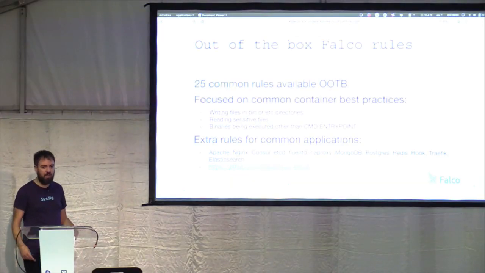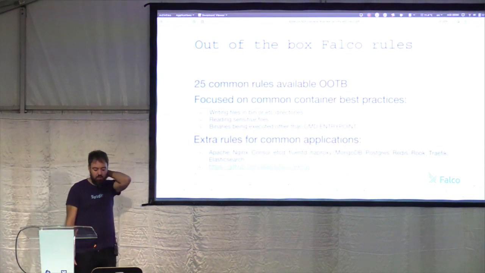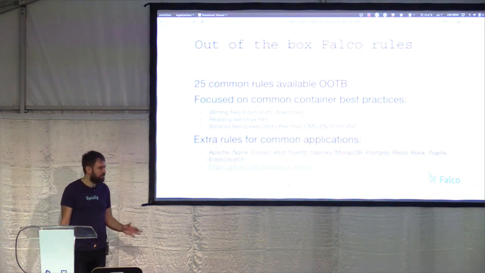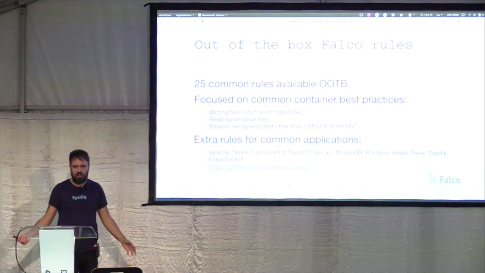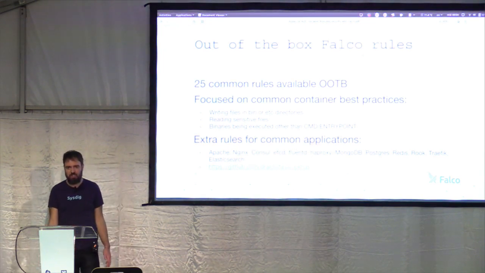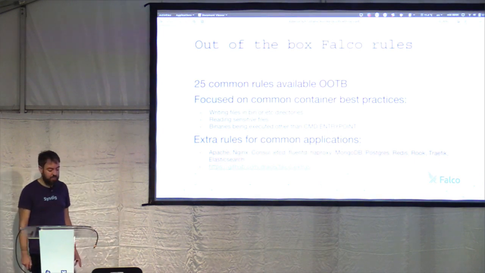Falco ships with an out-of-the-box rule set, and we have created default rule sets for the top 10, 15 most popular Docker Hub projects. So if you're using things like Apache, Nginx, Elasticsearch, Kubernetes components, we have default rule sets for all that.